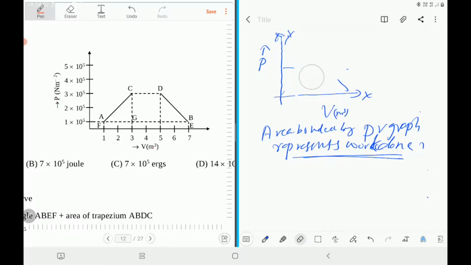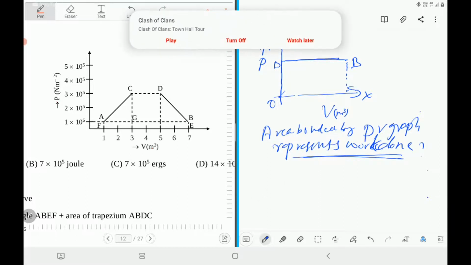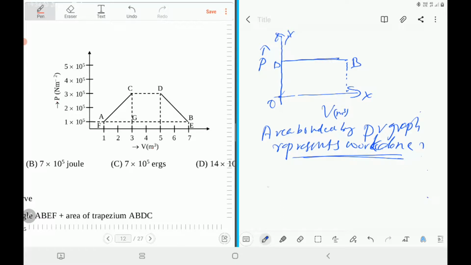I'll consider this simple case where pressure is constant and volume is changing. Volume increases from 0 to some value here. So what is the shape now? OABC. The shape is a rectangle. Why do I consider a rectangle? A simple example, that's it. Whatever we discuss for this is applicable for all different types of graphs.